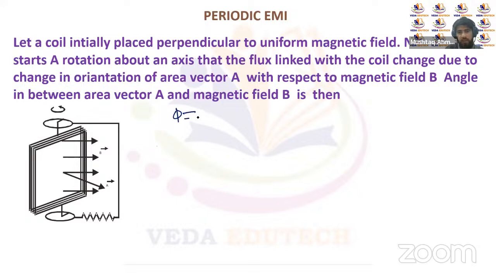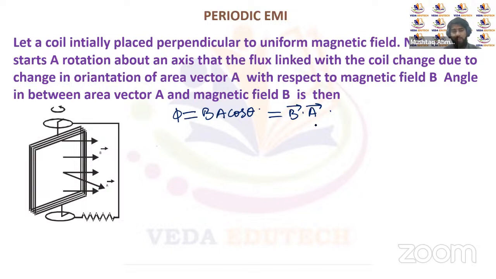When we discussed the flux phi, that was equal to BA cos theta for a uniform magnetic field, right? So flux through any area of cross section A is given by BA cos theta, or we can say it's B dot A, and it depends upon the angle theta, which is the angle between the area vector and the magnetic field vector.